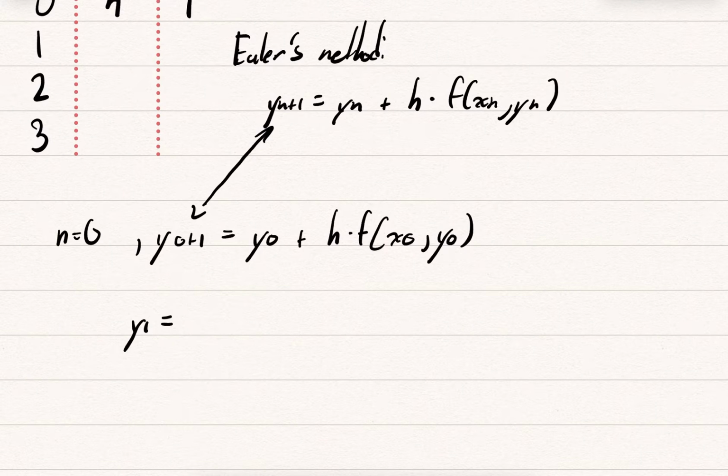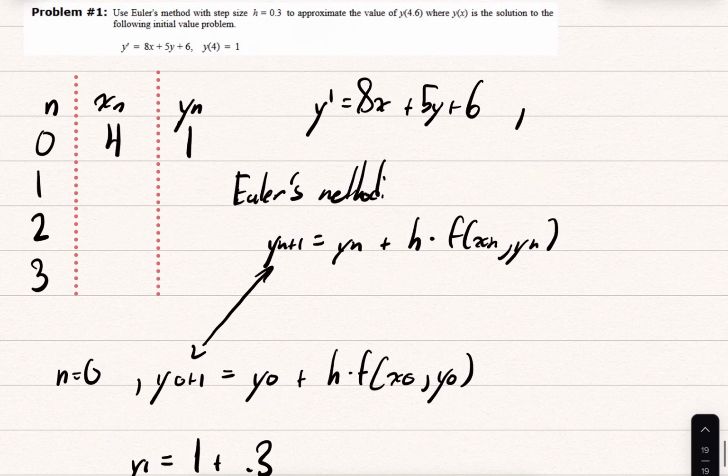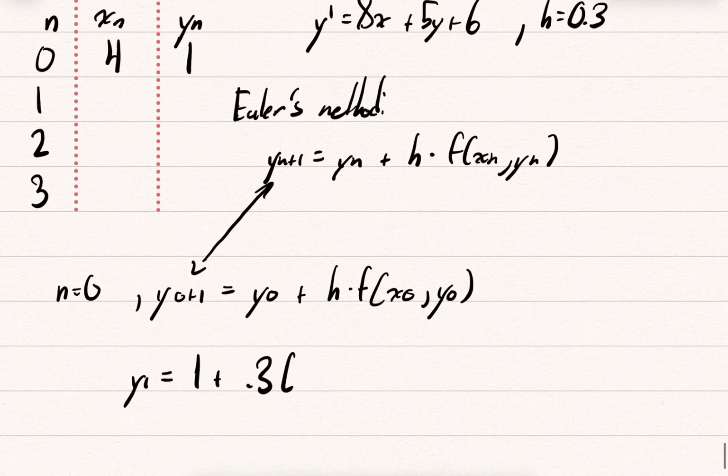Okay, y0 we have 1 plus 0.3. Sorry, I didn't write their step size down. 0.3 times our differential equation at x0, which is 4, and we just compute this and put it right here.